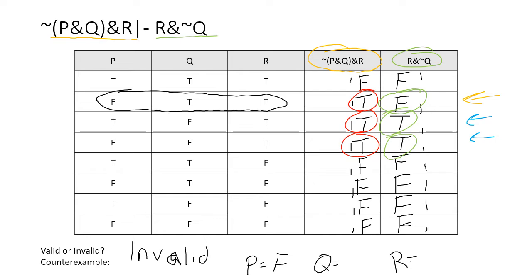So P is false, Q is T, R is T. And again, this counterexample is just saying, okay, this is the combination of truth values for each of these individual sentences that say, well, the premise is true, but the conclusion is false. That's all the counterexample is saying. And so when you get to that point, if it's invalid, all you gotta do is just copy those and write them down there as the counterexample. So that's the second one.